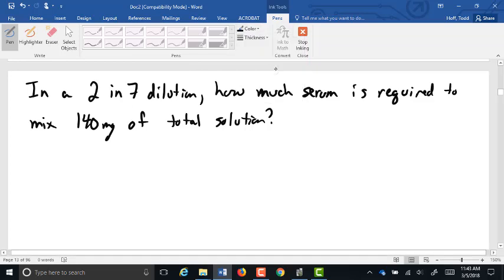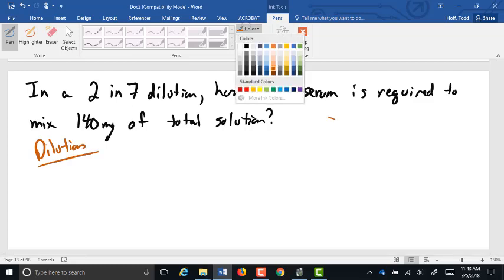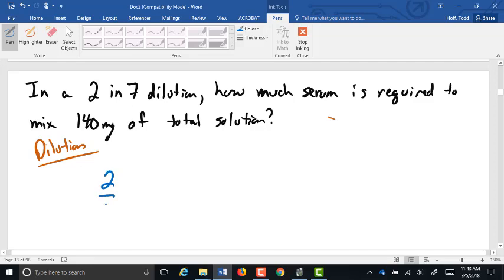Again, we have that dilution given, so let's start with that. Our dilution given here is 2 and 7. Let's remember what each of those stand for. The 2 is the serum, and of course, as in any dilution, the 7 is the total solution.